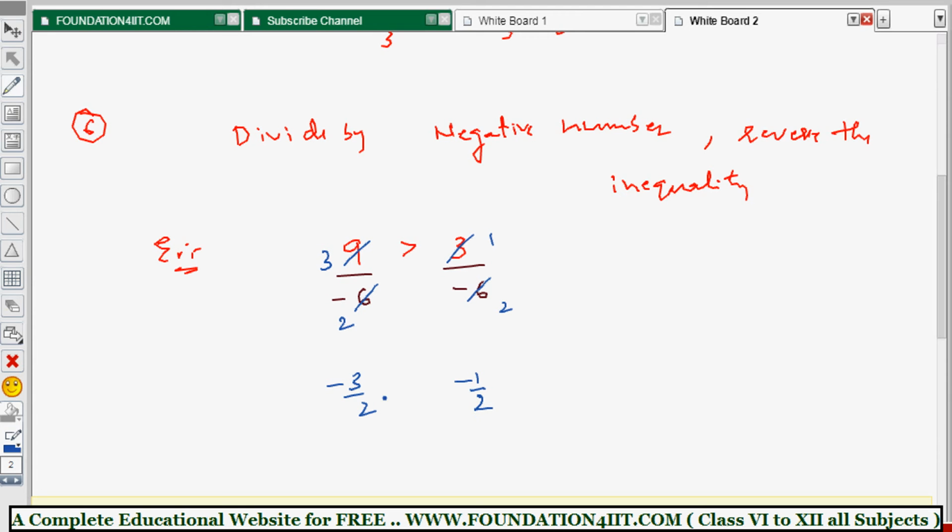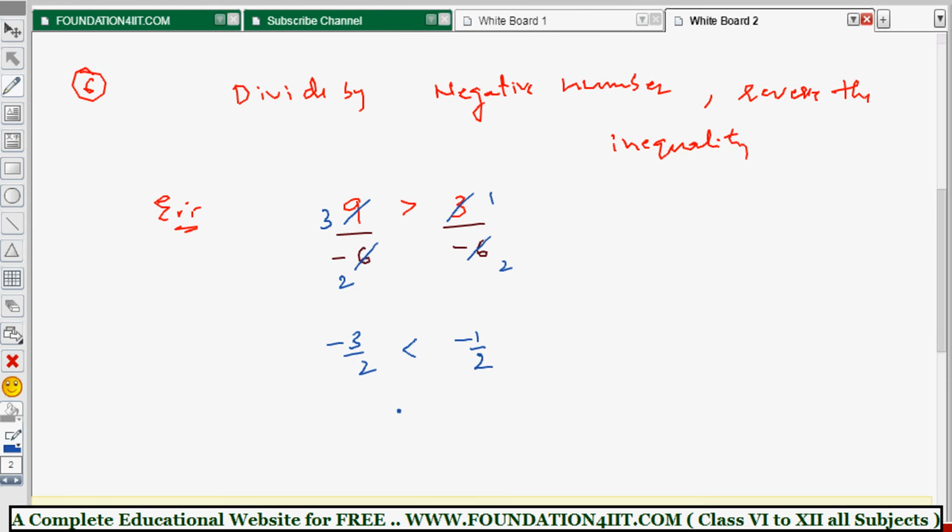So in this case -3/2 is actually less than -1/2, because the denominators are the same. -3 is less than -1. If you cancel the 2, -3 is less than -1.